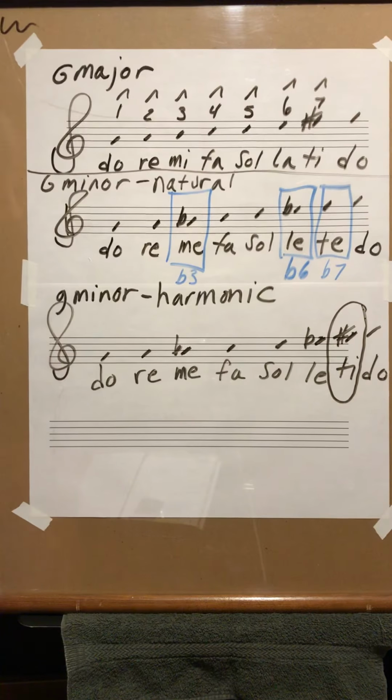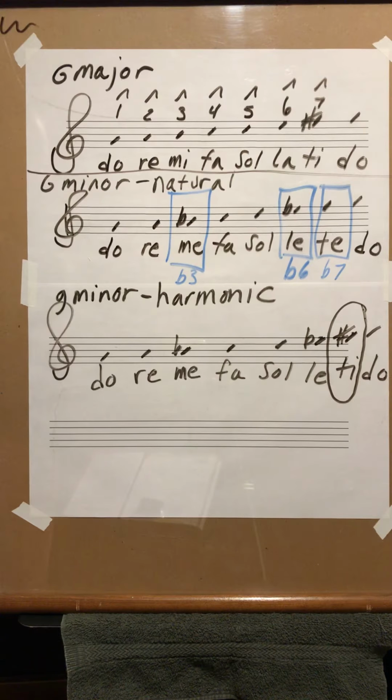So it's exactly like natural minor, but with a raised 7th degree. And it has this really interesting, almost exotic sound. Do, re, me, fa, sol, lay, ti, do, ti, lay, sol, fa, me, re, do.